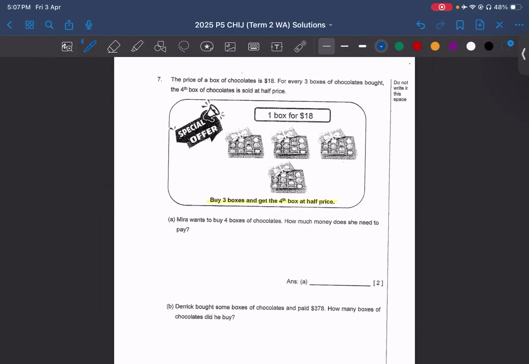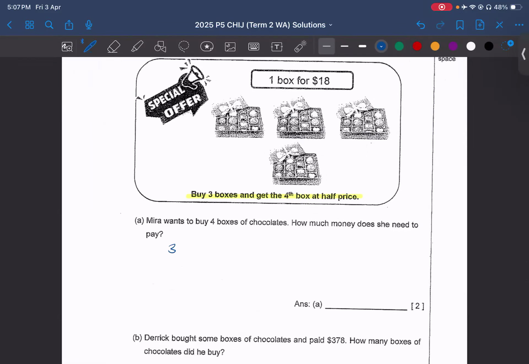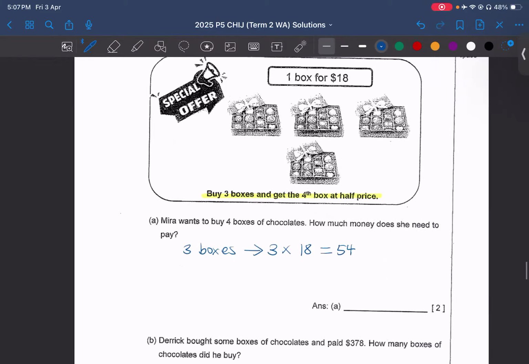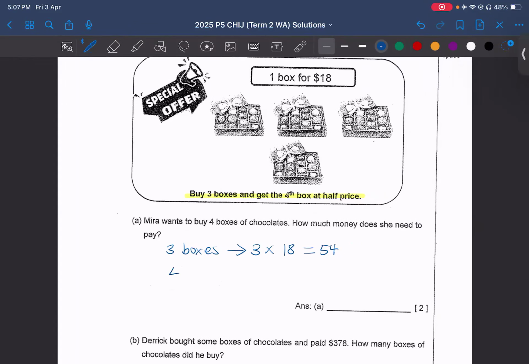In this case, you buy 3 boxes at the original price. So 3 boxes would cost Mira 3 times $18, which is $54. And then the fourth box is at half price. To find the price of the fourth box, we take your original price, which is $18.